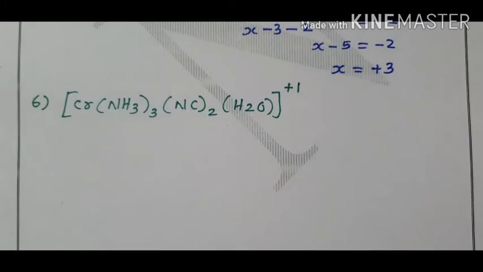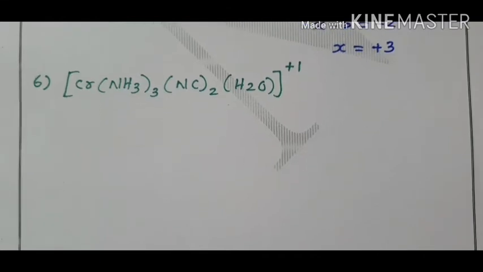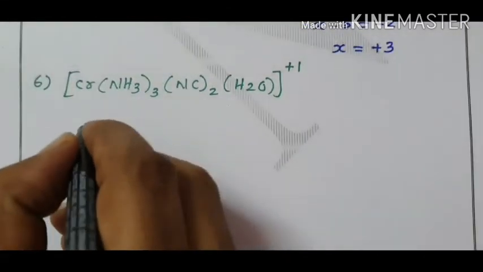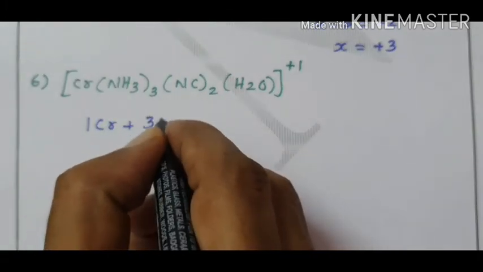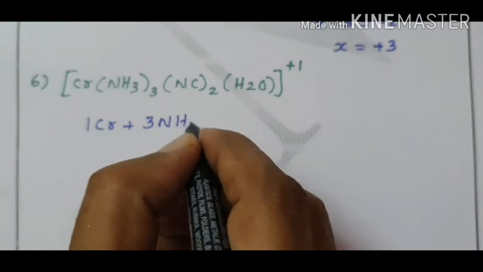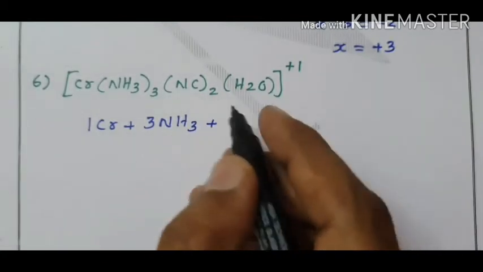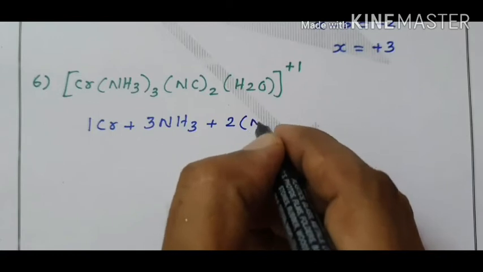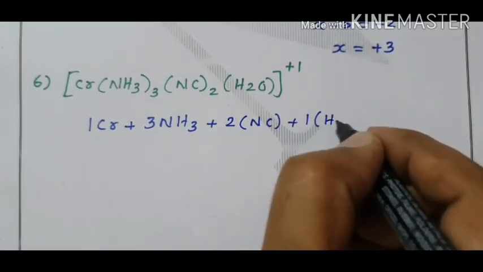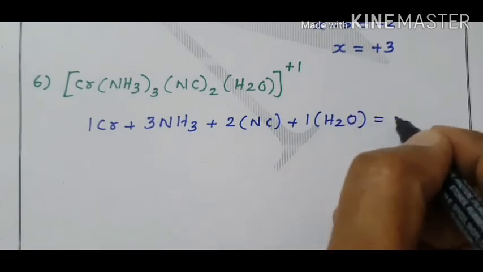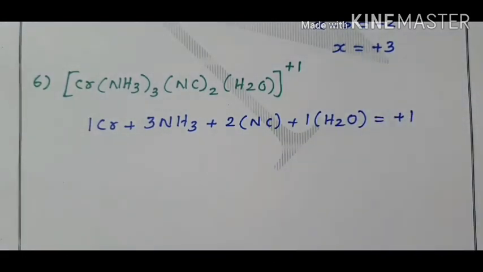Already the charge on the complex is given as plus 1. Now, the simple way, first we have to separate all these by a plus sign. 1 Cr plus how many ammine? 3 NH3 plus how many NC? 2 NC plus only one aqua H2O equal to plus 1.